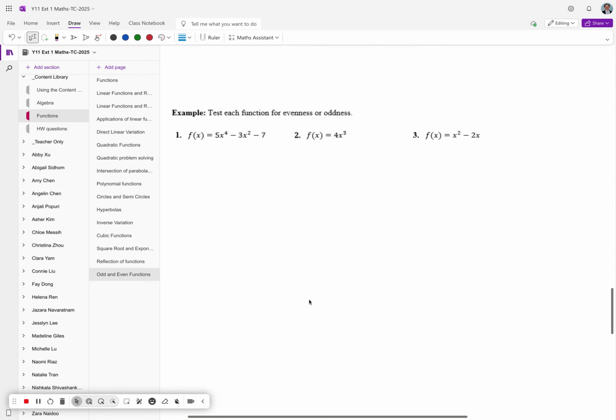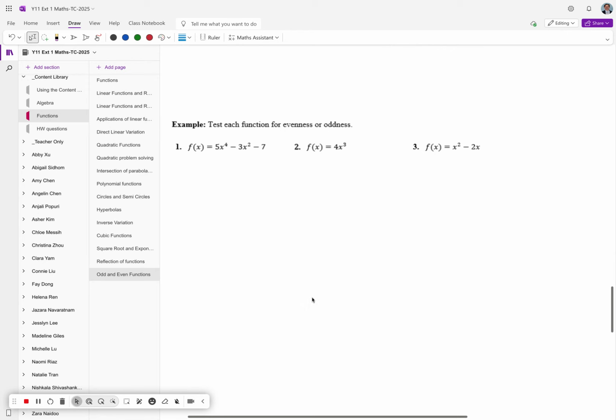Now, for the last three questions, you've got to test to see whether these are even, odd, or neither. Probably the best thing to do is to check f of minus x first. Okay, what do we get? We get 5 times minus x to the 4 minus 3 times minus x squared minus 7.